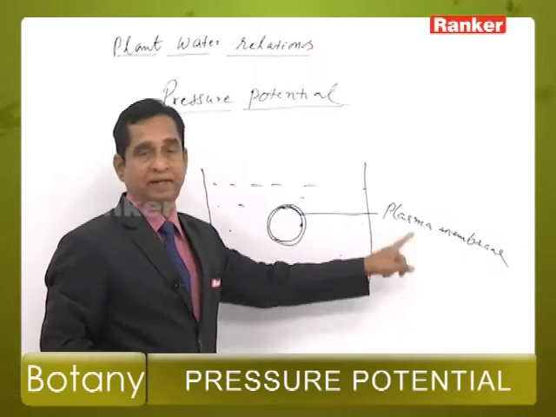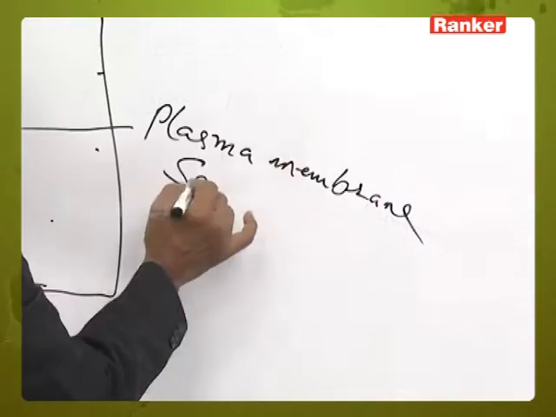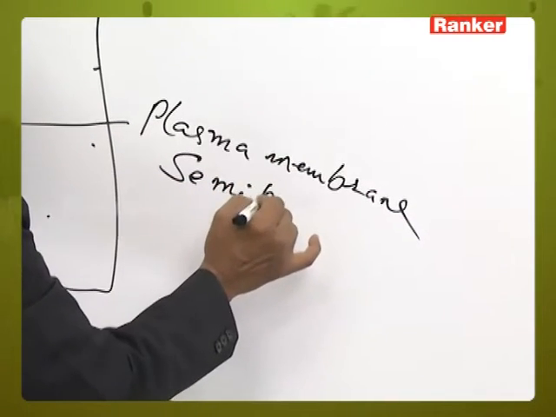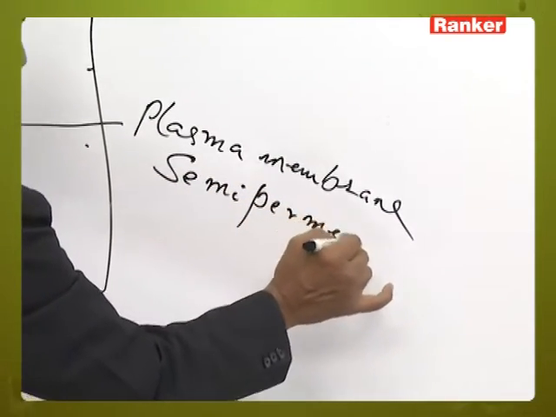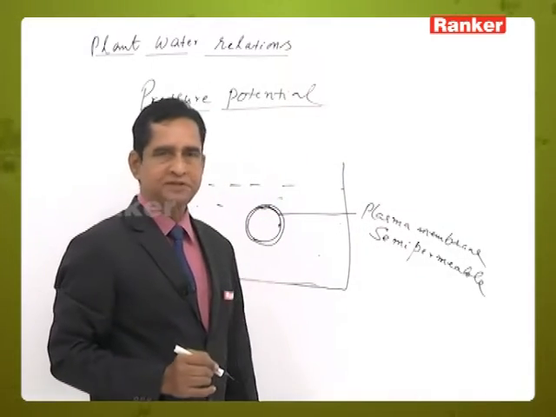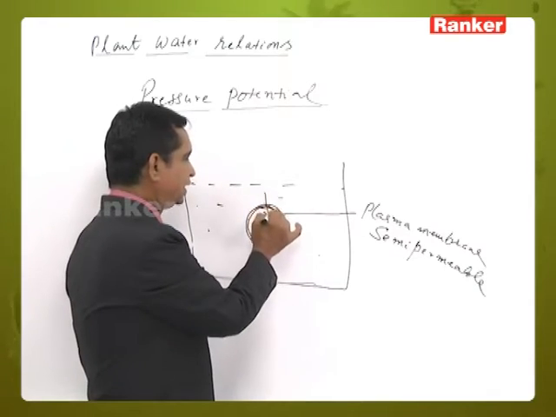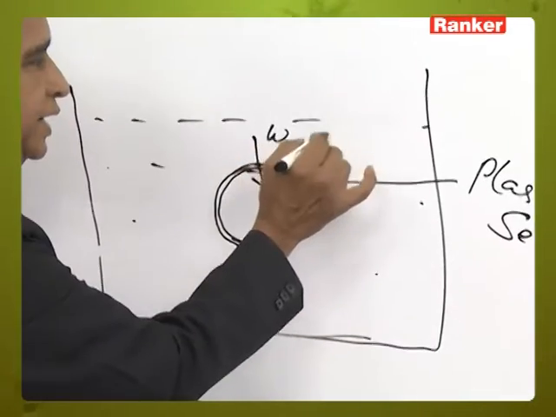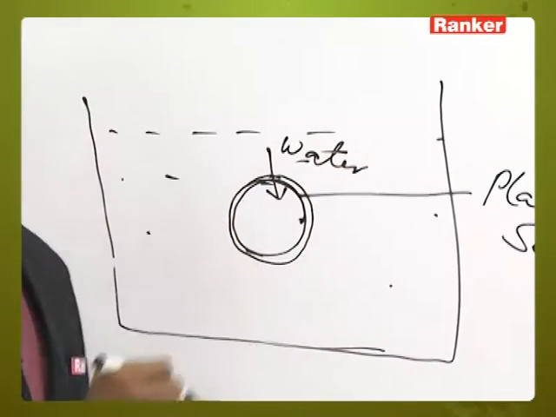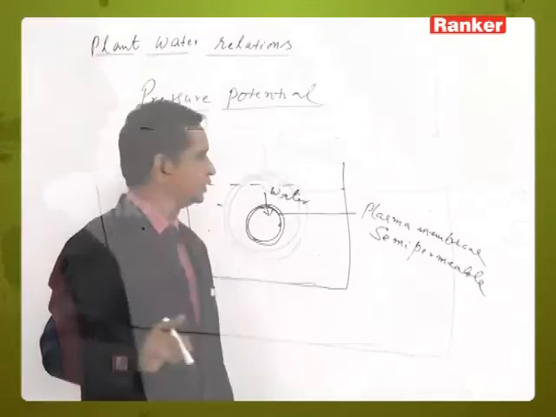This plasma membrane is semi-permeable. Semi-permeable means this membrane allows only water to enter, that is only solvent, but not solutes.